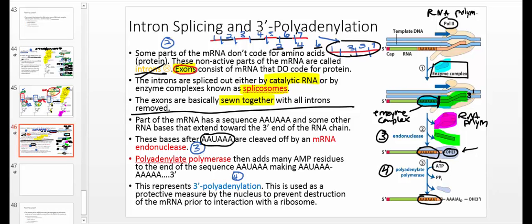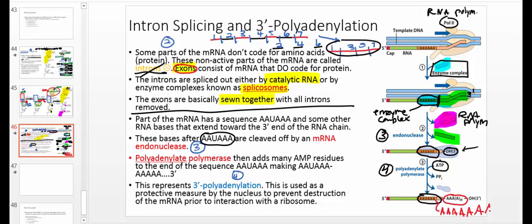But what polyadenylate polymerase does is it attaches a whole bunch of A's to the 3' end. So what you would literally see after this AAU-AAA is A, A, A, and on and on to a certain point. That way, the 3' end is polyadenylated. Okay, adenylate, if you want to know what adenylate was, let me write that up here.